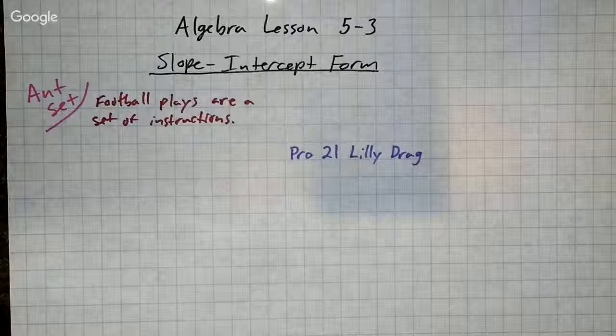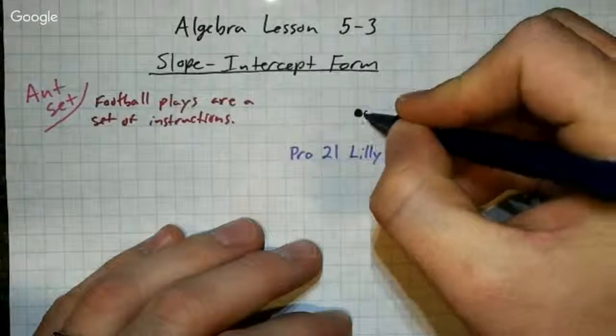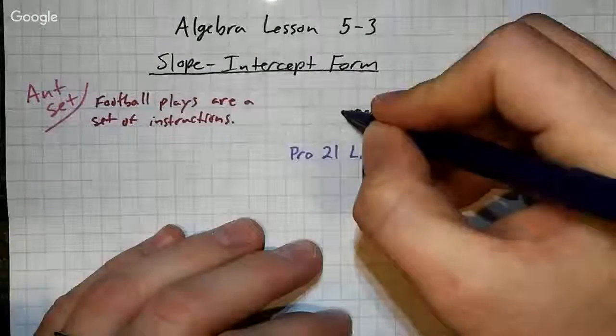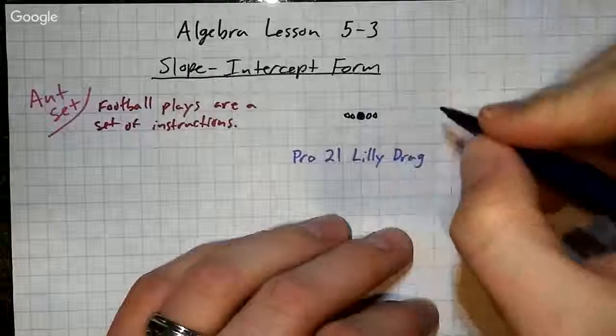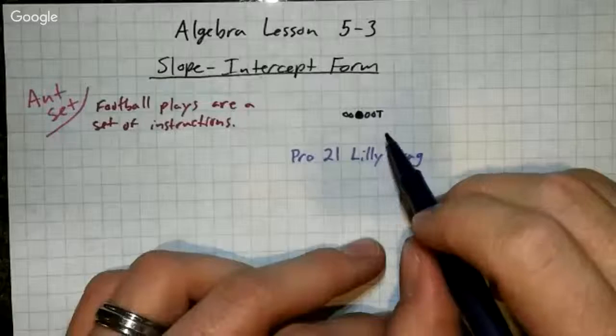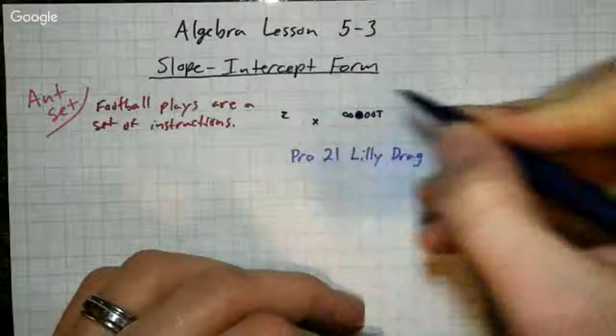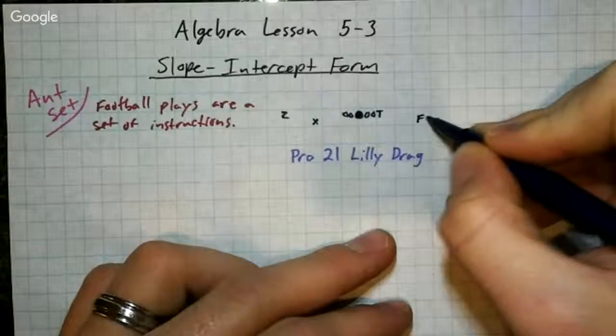So what we did, and I'll draw up what it actually looked like, was, let's say the football's right there. We had some linemen who would always line up at the same place. And then the receivers, pro meant that the tight end would be on the right side. And because the tight end's there, that would mean two receivers would be out here and the F receiver would be out here.